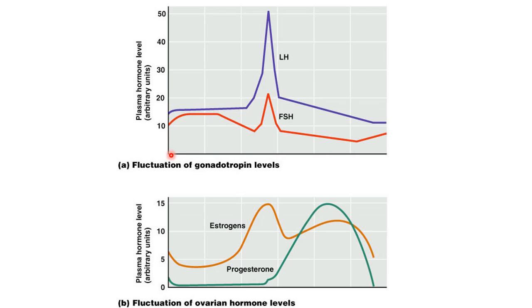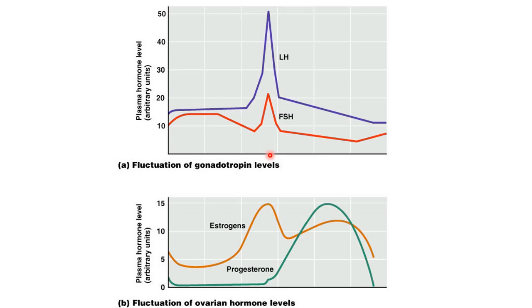So in the follicular phase here, we have rising levels of LH and FSH released from the anterior pituitary. And remember that follicle stimulating hormone is going to be stimulating the development of the primordial follicles within the ovary.